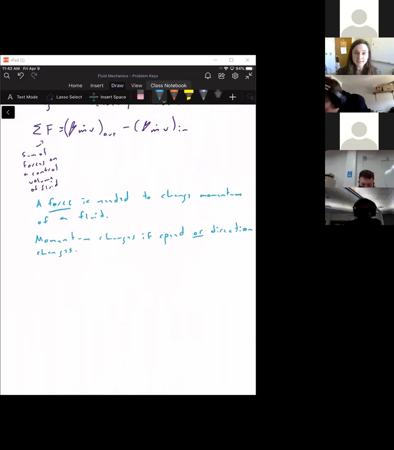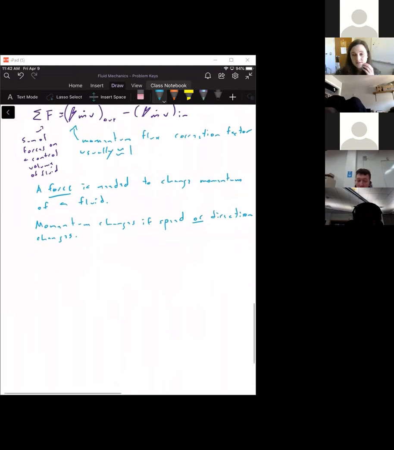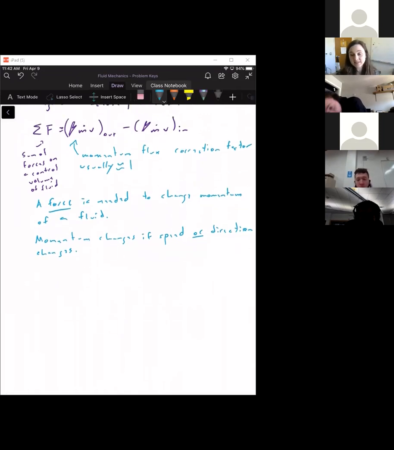Yeah, beta is just like the kinetic energy correction factor. Momentum flux correction factor, usually about 1. Ian says, isn't it generation is equal to accumulation plus in out for the Reynolds transport theorem? Yes, exactly.